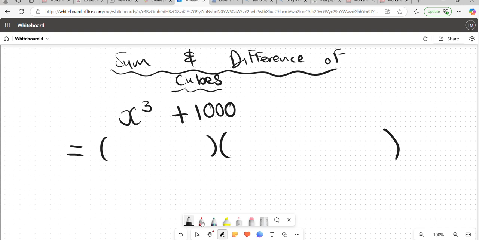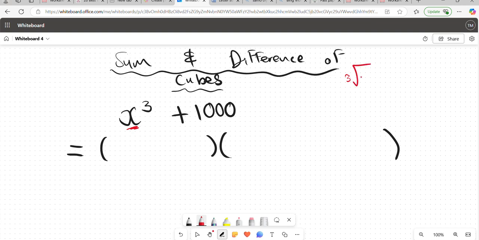And what do I do? I take this first term, I cube root it. So with the difference of two squares, I'm square rooting, but this one I need to cube root that first term. And if I cube root it, I get an x. That x goes only in the first position of the first bracket. Then I take the next term, which is the 1,000, and I cube root the 1,000.